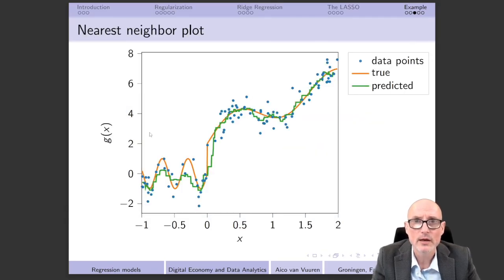In order to see that, let's look at the figure that we have over here. This is a figure that looks a lot like the figures that we have already seen before. First of all, we have on the x-axis different values of x.